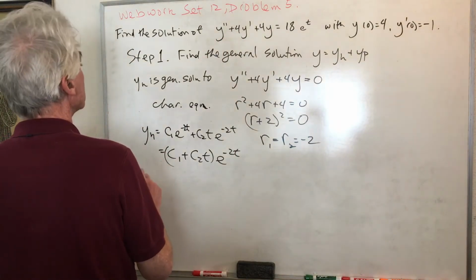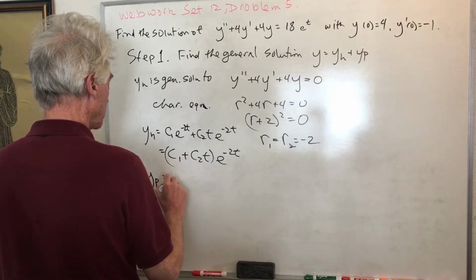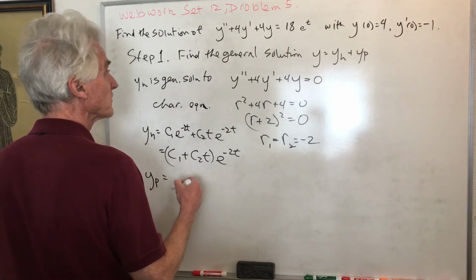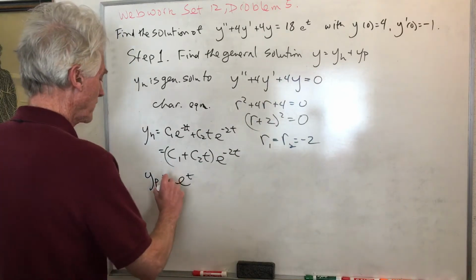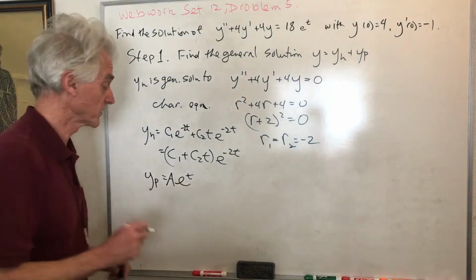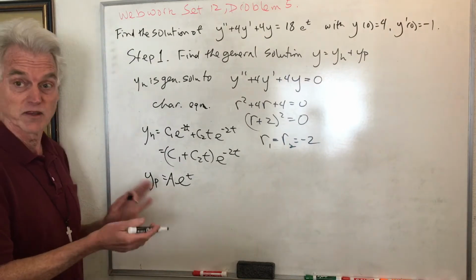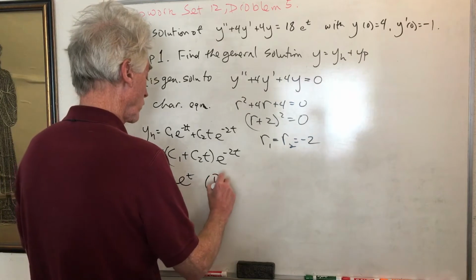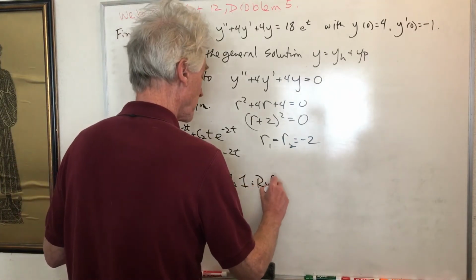All right, so what about yp? Yp is, well, it has a functional form of e to the t, just like the right-hand side, but I don't know what the constant is in front. So that's the undetermined coefficient A. And this, by the way, follows Rule 1, and Rule 2 does not apply.